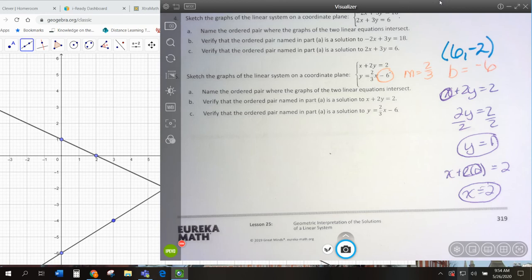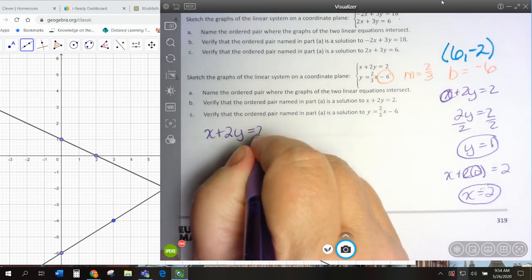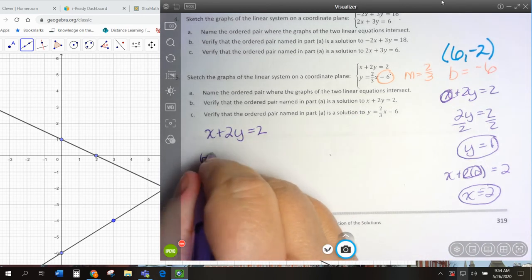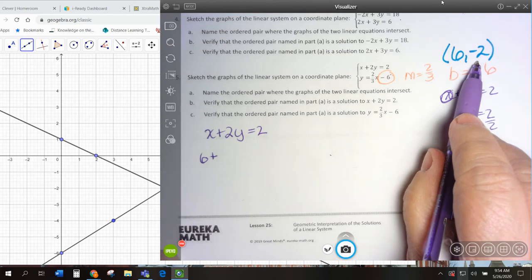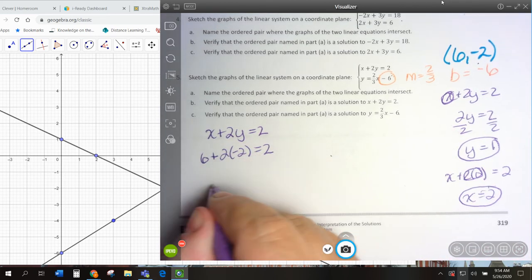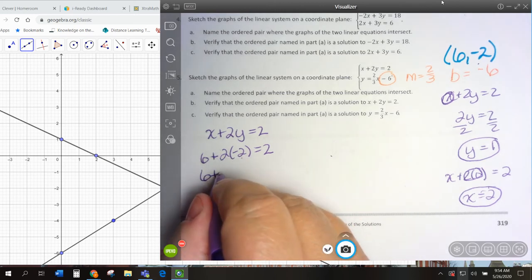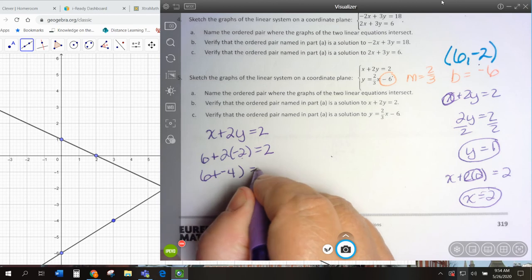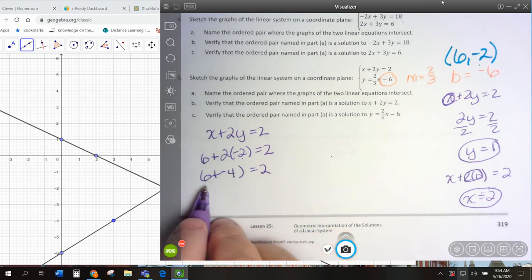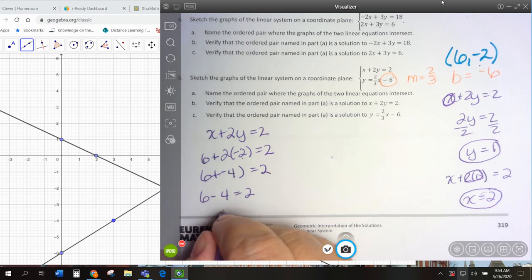So let's start with x plus 2y equals 2. For x, I'm going to put 6. For y, I'm going to put -2. 6 plus 2 times -2 is -4. Remember, 6 plus a negative is the same as 6 minus 4 is 2, and that is correct.